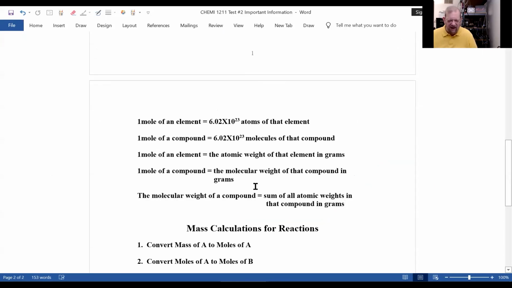1 mole of a compound equals the molecular weight of that compound in grams. And the molecular weight of a compound is the sum of all atomic weights in that compound in grams.